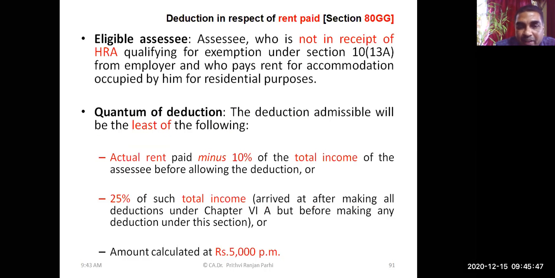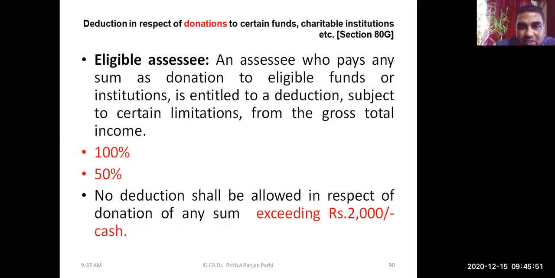Now, next we have to cover 80G. Maybe you will be covering it at a later stage, because I would like to show you the list. Okay, let us initiate the topic. Maybe next class I will briefly explain what 80G is. It is a deduction given to a person who donates money to charitable funds or charitable institutions, etc. Some of the charitable organizations are registered under section 80G of the Income Tax Act.